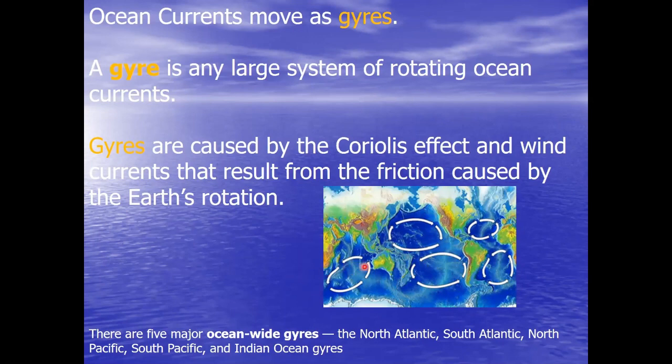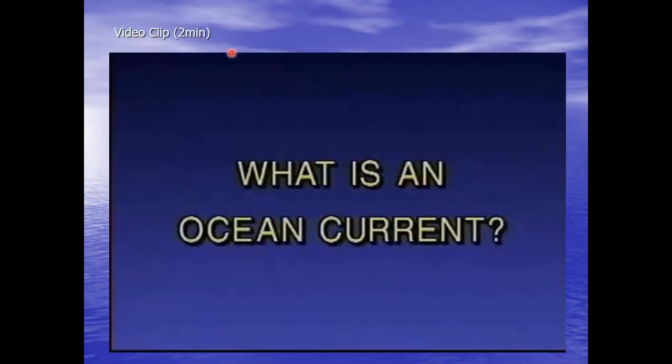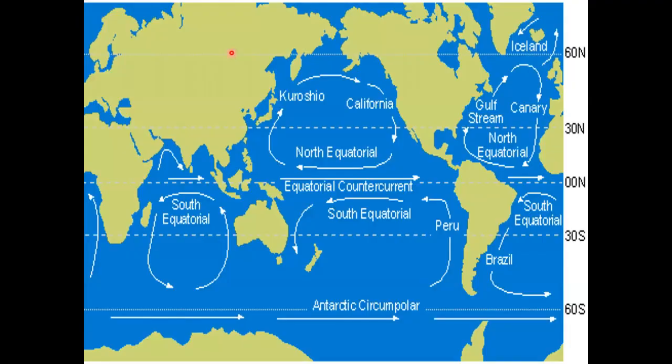That's true for all the ones in the Southern Hemisphere, and all the ones in the Northern Hemisphere go clockwise. There's another map here as well. Again, here's the North Pacific, clockwise, South Pacific, counterclockwise.